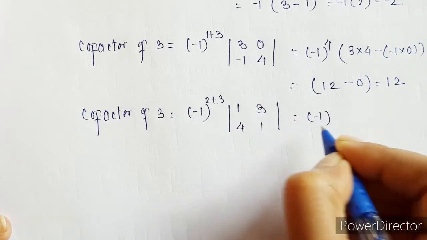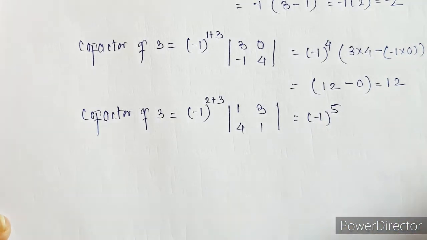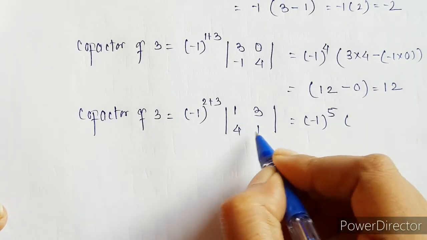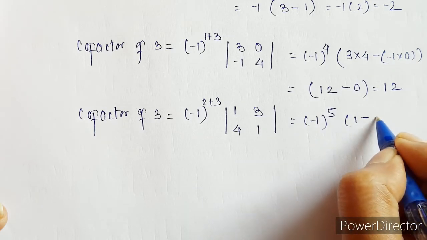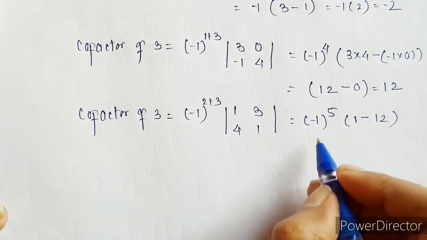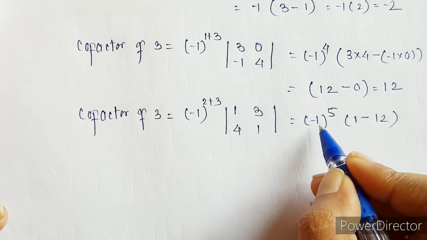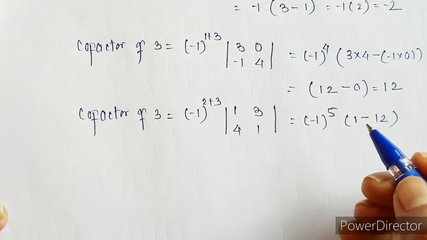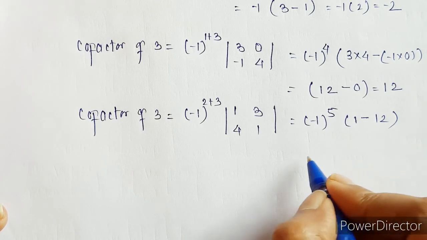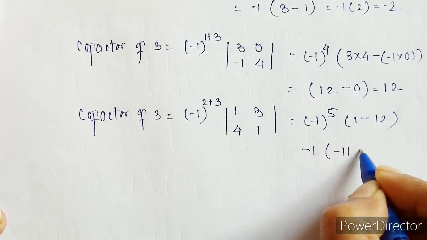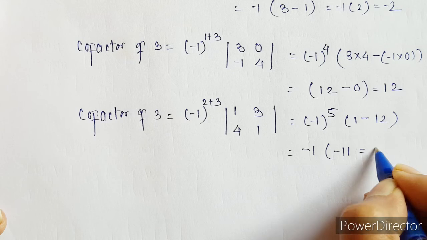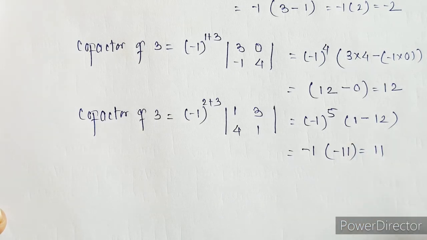So this will be minus 1 raised to power 3 and then the determinant of this: 1 into 1 is 1, minus 4 into 3 is 12. Since we have minus 1 raised to the odd power, it is going to be minus 1, and 1 minus 12 is minus 11. So minus 1 into minus 11 will be plus 11. So the cofactor of this 3 is 11.